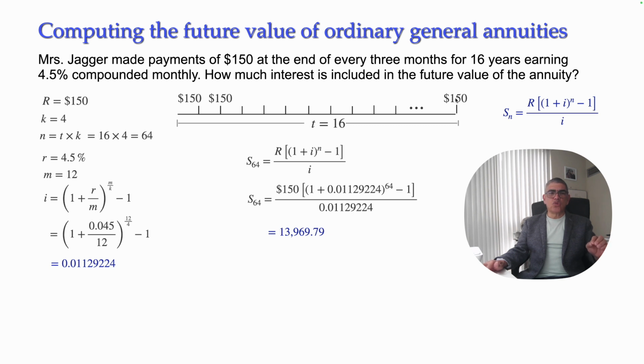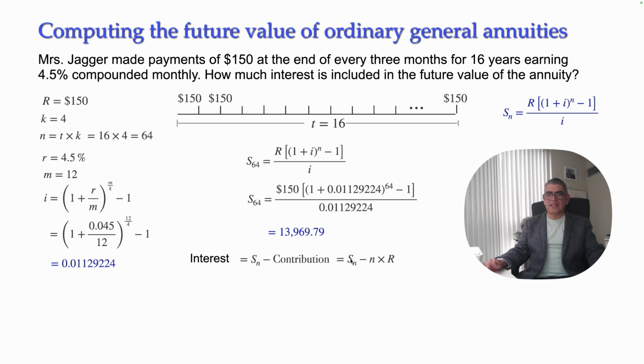So what to do to get the interest earned? To compute the amount of interest, it will be the future value minus the contribution. The contribution is actually the amount of payments that you have made. So S n is 13,969.79. The contribution was 150 contributed 64 times. So it's future value minus n times R. This n is the number of payments, and these R are the payments. So it's the final value minus the contribution.